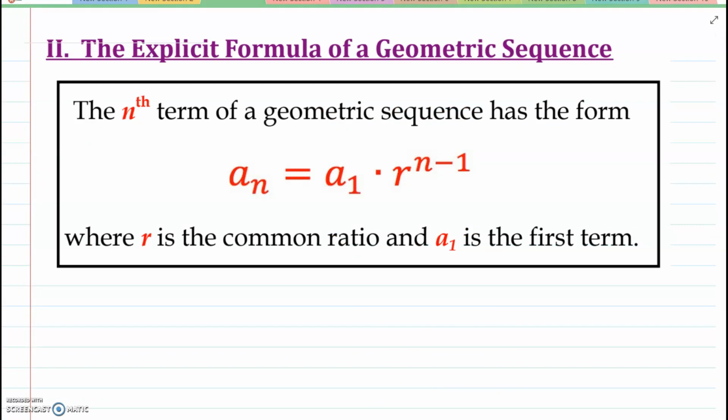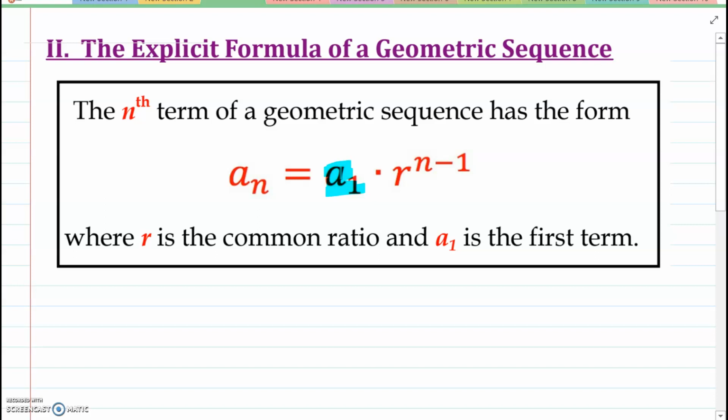To find the nth term, a sub n, the nth term of a geometric sequence can be written in the form where you have the original value, or the first term, a sub 1, times the common ratio raised to the number of the term minus 1.